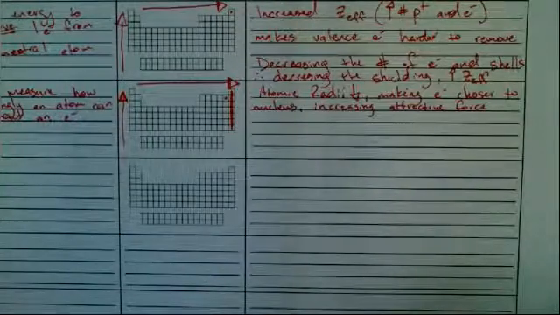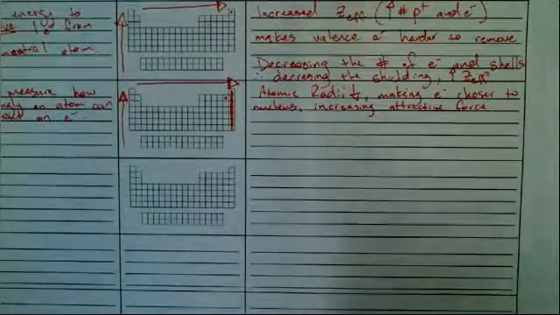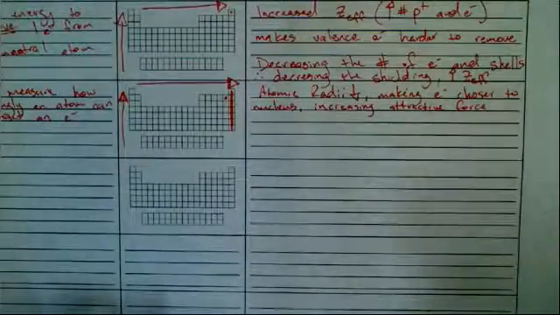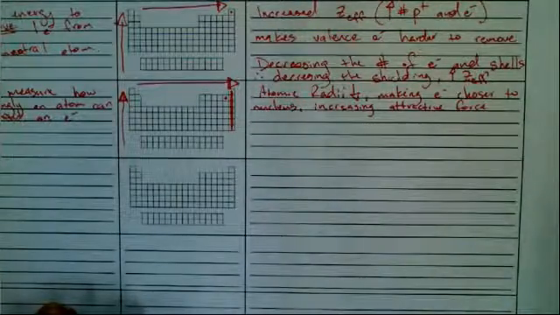And if other electrons can get close to that nucleus, you have a better chance of attracting that electron. So smaller atoms tend to be more electronegative than larger atoms.